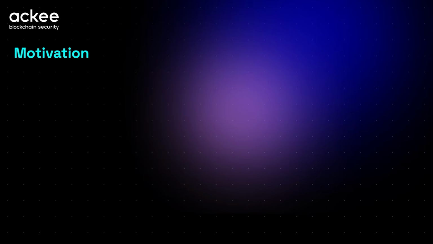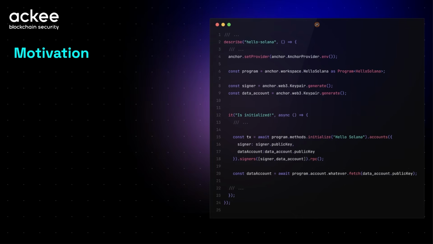So let's continue to the motivation. On the right hand side, you can see the source code. This is actually taken from part 1 of the Solana programming model, so from the previous lesson, and more precisely from the hands-on example.